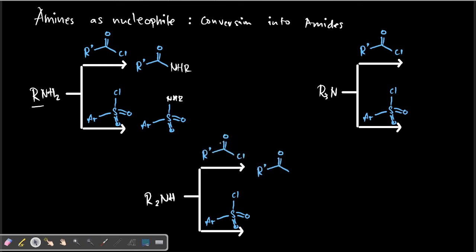Then we just need to replace that chlorine with our NR2. Ay, saan napunta ulit yung nitrogen? Kasama na ng chlorine. At in any case, ganun din dito sa ating sulfamide.